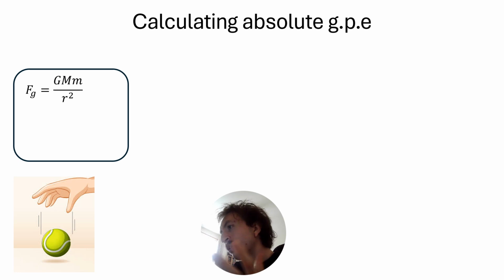And this equation makes kind of sense, because clearly as r increases, the strength of gravity is going to diminish, which is what we would expect. Also, heavier planets, so planets with larger values of capital M, will generate a stronger gravitational force, which is also what we would expect.